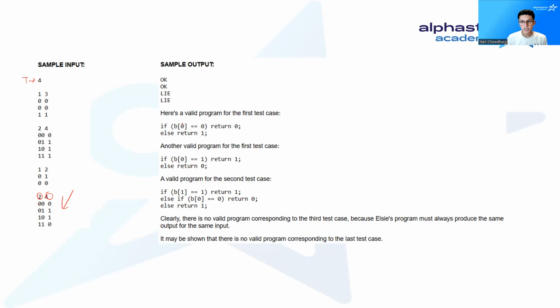So how do we actually check this as an algorithm? And I'm going to say that this algorithm is kind of brute force, or greedy, whatever you want to call it.